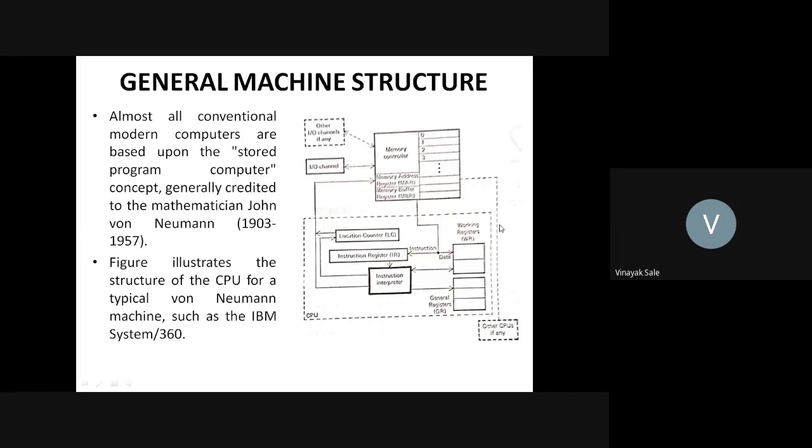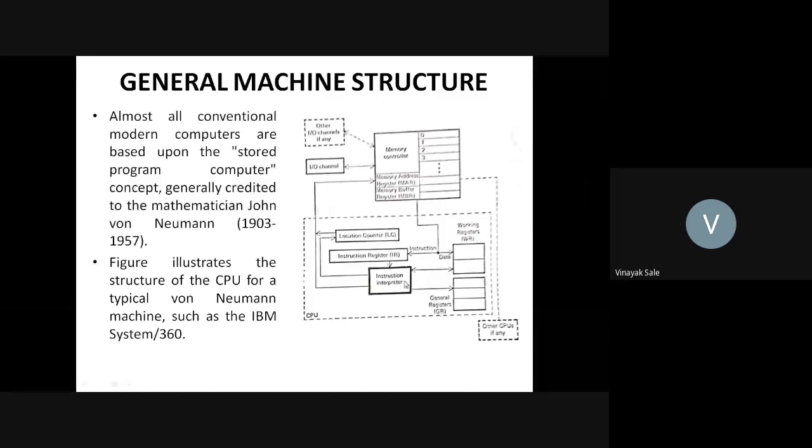This central processing unit has different registers such as location counter, instruction register, instruction interpreter, a working register, and general purpose register.